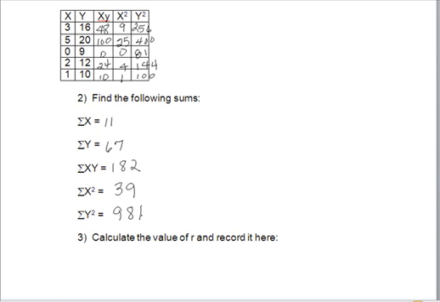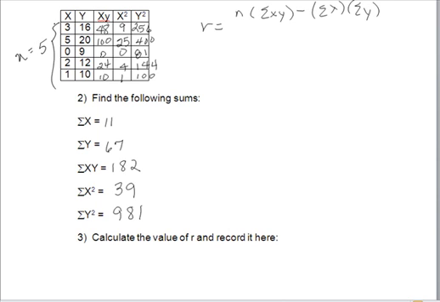Okay, we're to calculate the value of R, and the formula for that is on page 679 in our book. Copy the nasty looking formula. Now N is the number of data pairs. 1, 2, 3, 4, 5. We have 5 data pairs.